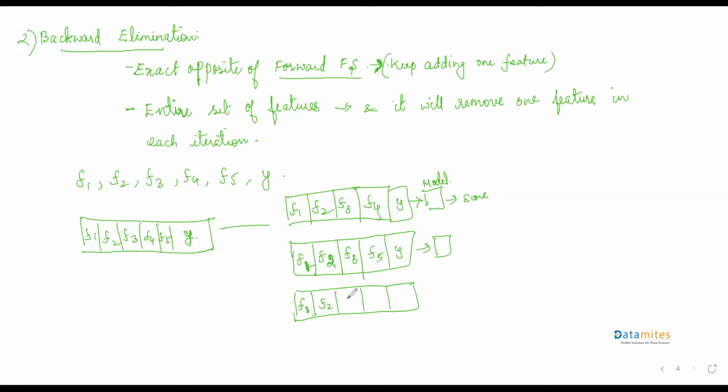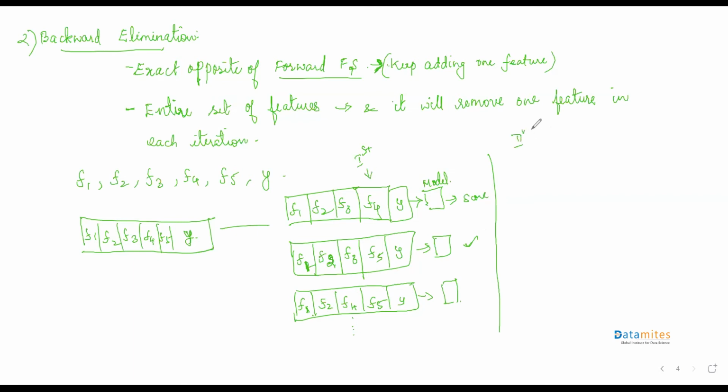When which feature is removed, we are getting a good score, it will check that. Similarly, it will remove one feature from this and check how the score is. So let's say in here we are getting a good score. So for the next iteration, this is for the first iteration.